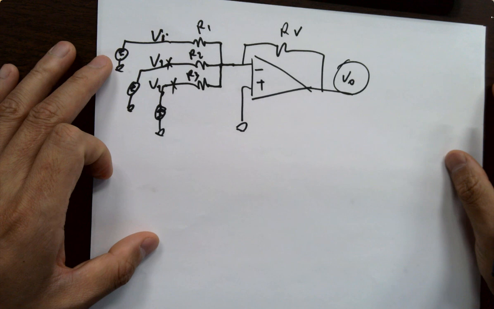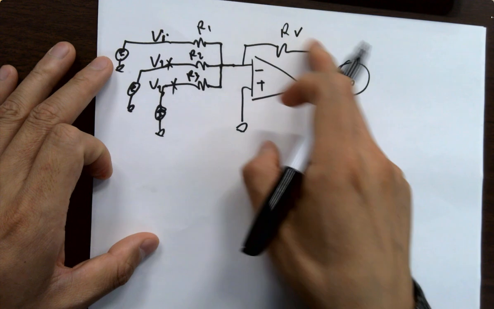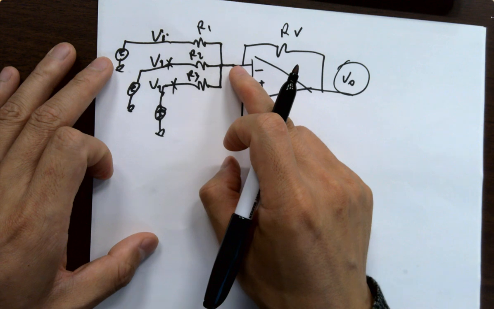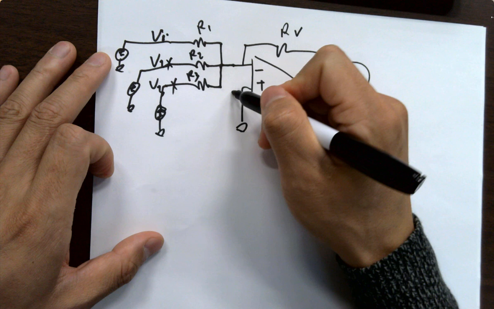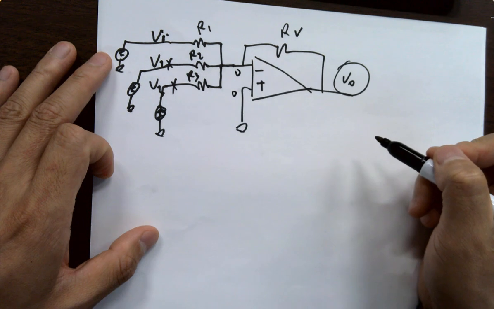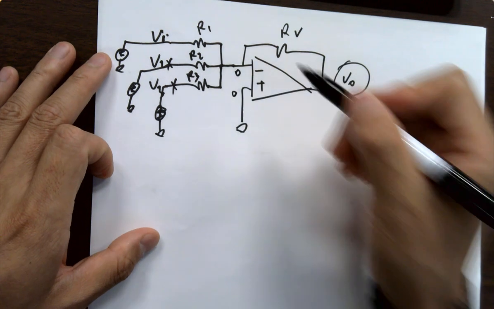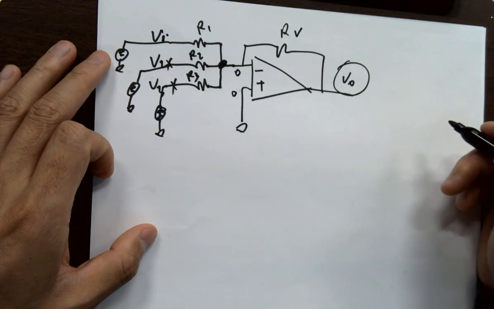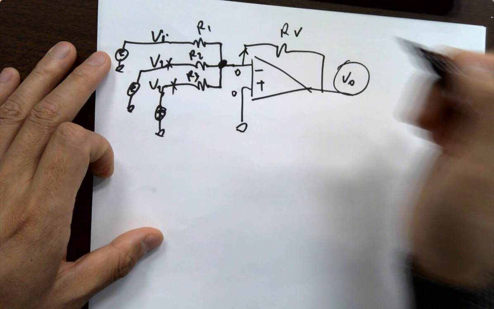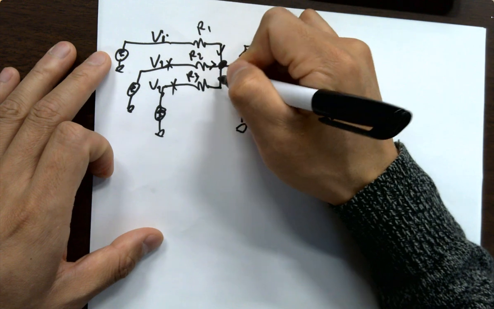Is that something easy to do? Negative feedback or no? Yes. Ideal or no? Yes. Equal or no? Yes. 0, 0, right? Okay? Just use KCL. This is the node you want to look at. So current going out, I got 3 currents injecting into that node.